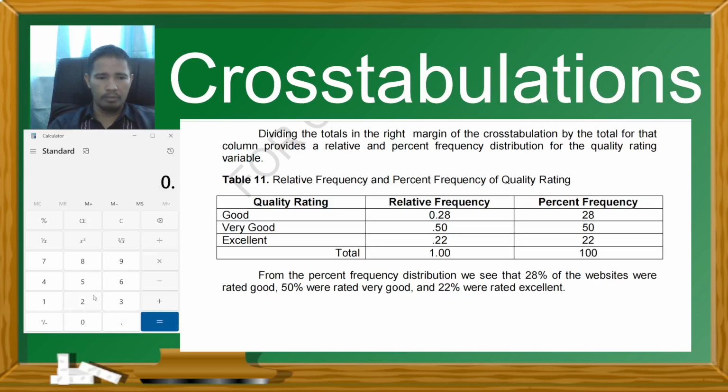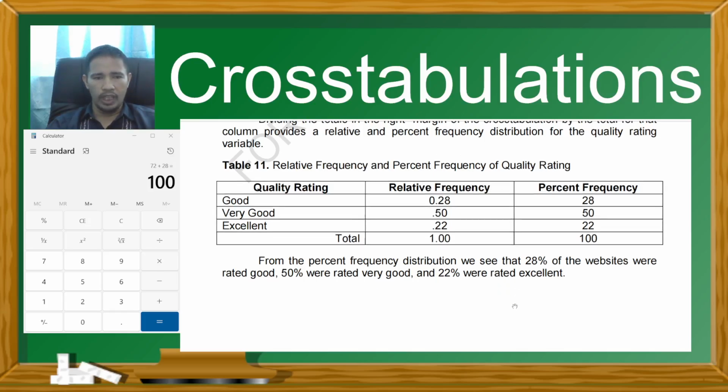Then 0.5 times 100 equals 50. 0.22 times 100 equals 22. You add it up, 22 plus 50 plus 28 equals 100. So this will be your relative frequency and percent frequency of quality rating.